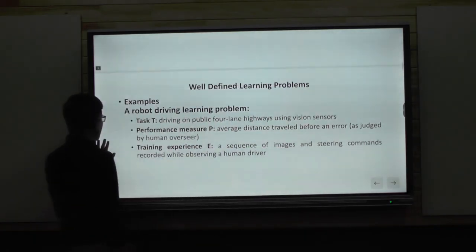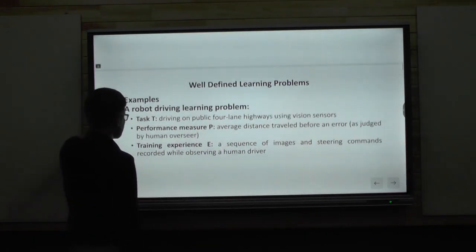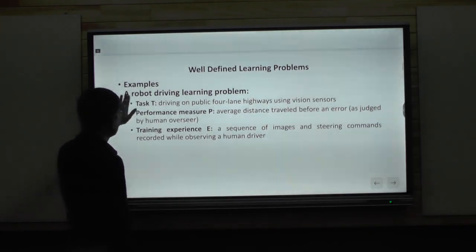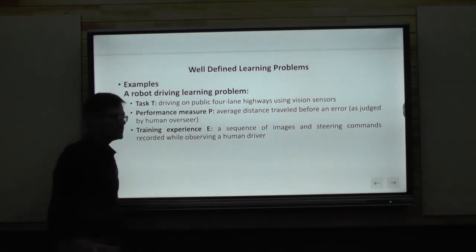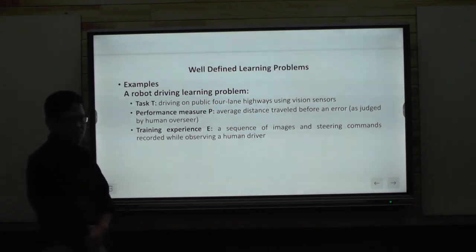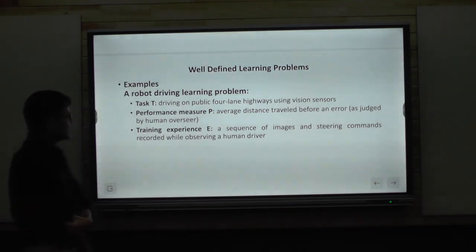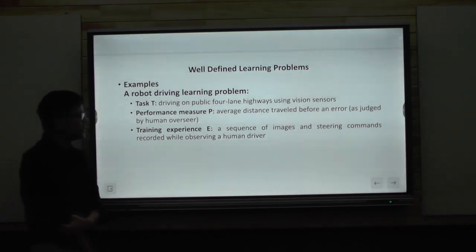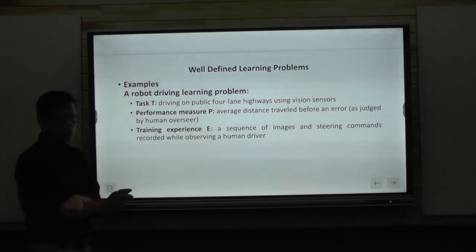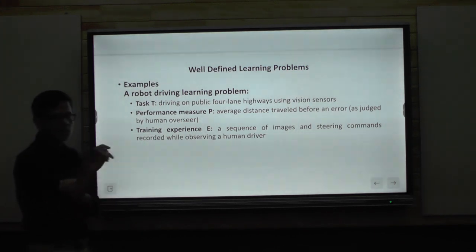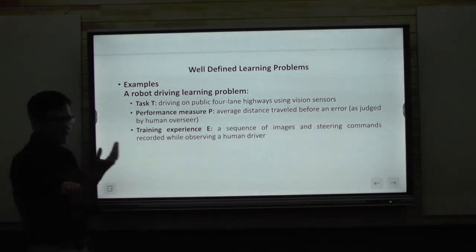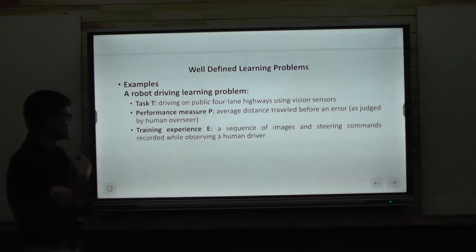And in the case of robots, a robot driving learning problem, task T means driving on public 4-lane highways using vision sensors. This is our task, that an autonomous vehicle is driving through a 4-lane highway and it is equipped with vision sensors. That means the images are fed to the system.